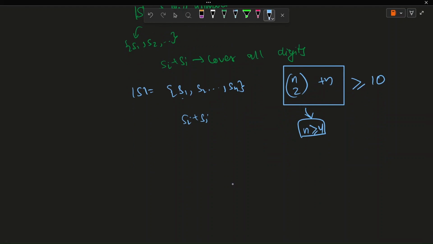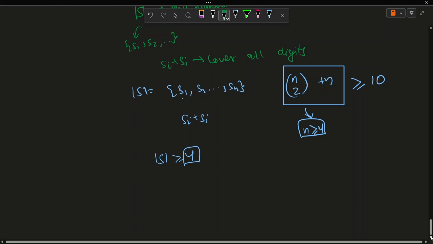So we know that |S| has to be greater than or equal to 4. Let's try 4 this time. I will show that 4 doesn't work.